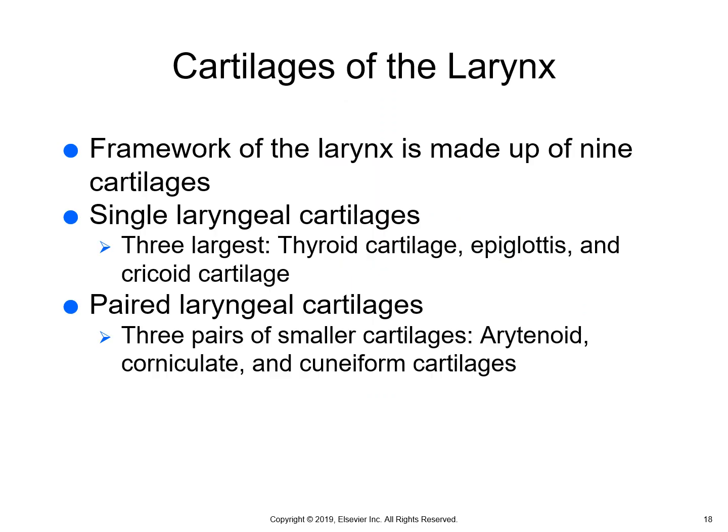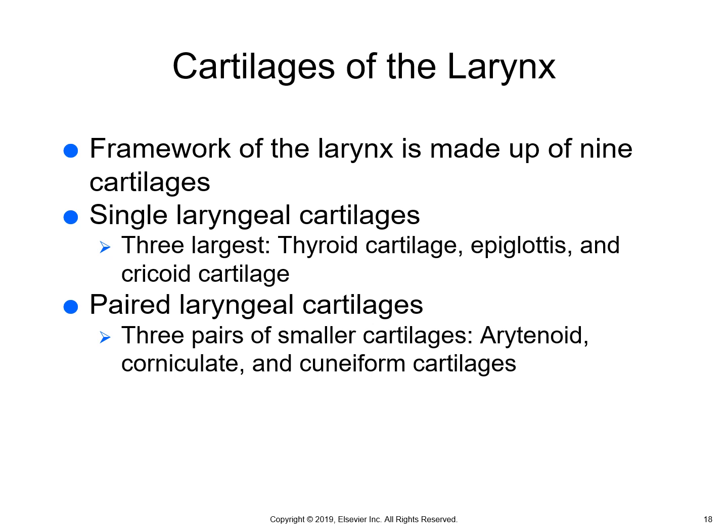So we already looked at images of the cartilages that make up the larynx, but this is just your slide that speaks on it. We're talking about our voice box, the larynx. It's made up of 9 cartilages, and those cartilages are responsible for not only the structure but also the support of it.